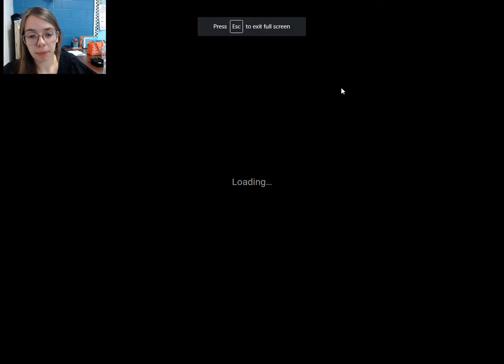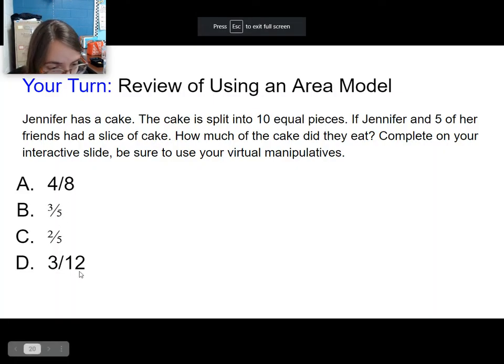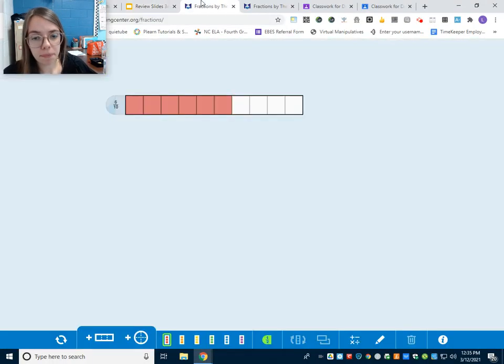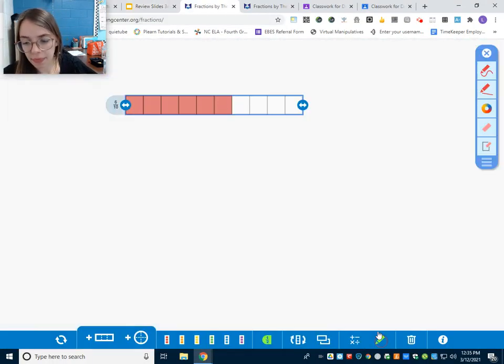But there's a problem. When I look at these answer choices, I don't see 6/10. Okay, it's not there. So since 6/10 isn't there, I need to figure out which of these is equivalent to 6/10. Well, let's do a little bit of reasoning about this, okay? If I'm thinking about tenths, I know that 5/10 is going to be a half, right?